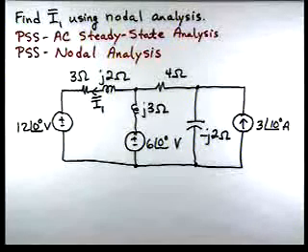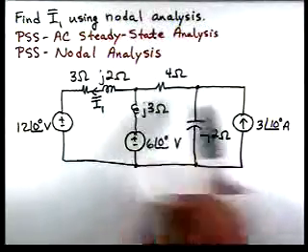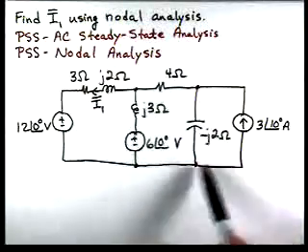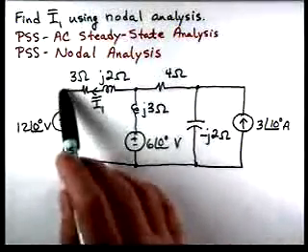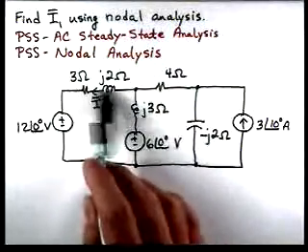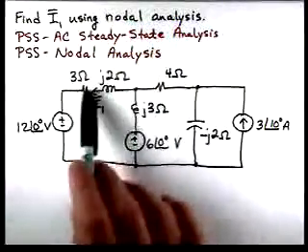look back at our problem-solving strategy for nodal analysis, we'll see the first step is determining the number of nodes in the circuit. And so if we look at our circuit, for instance, we have a node here, have one at the bottom, we have one here, we have one here. Now we could say we have one here, but I'm going to combine these two impedances in series for one impedance.